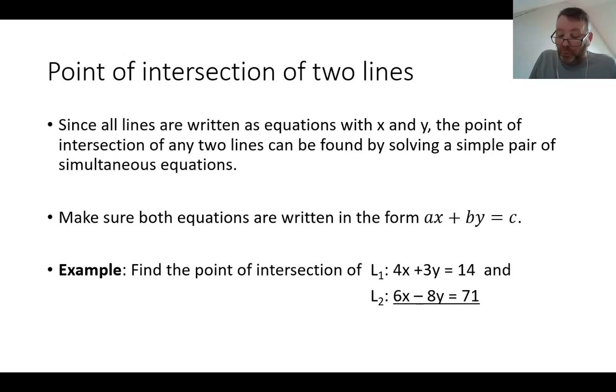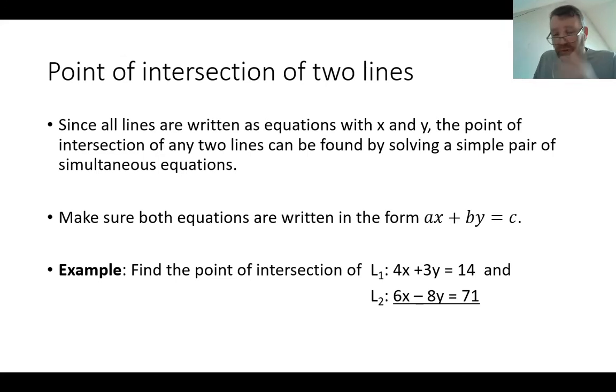So if L1 is 4x plus 3y equals 14, and L2 is 6x minus 8y equals 71, the way in which we find our point of intersection is to solve them simultaneously. A pair of simultaneous equations. And we've dealt with these in the first 3 chapters of book 1. I told you umpteen times that you have to know the first 3 chapters of algebra inside out and back to front. Here's where we have algebra coming into coordinate geometry.